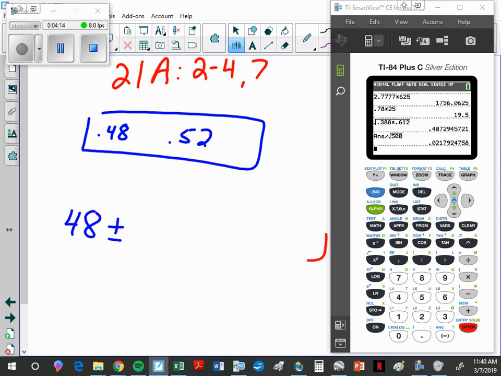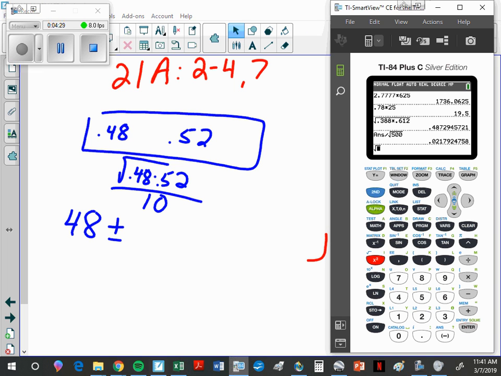And the standard error is simply the square root of 0.48 times 0.52 divided by the square root of the number of draws, which is 10. So the square root of 0.48 times 0.52, we divide that by 10, and I get 5%.